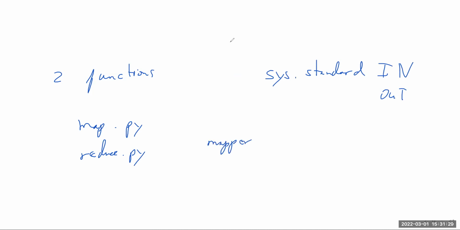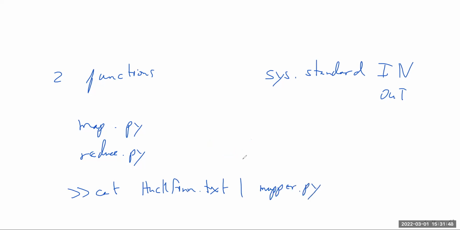So I think the pipeline will actually be something like this. We'll do cat huckfin.txt, and we pipe it into the mapper, which could be a script. The mapper just takes input via sys standard in.